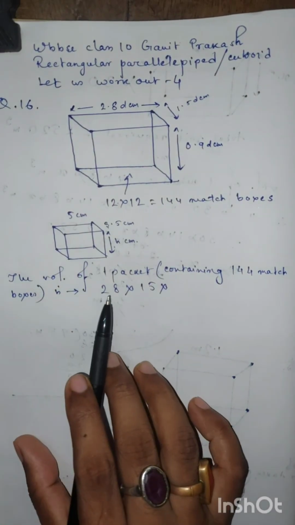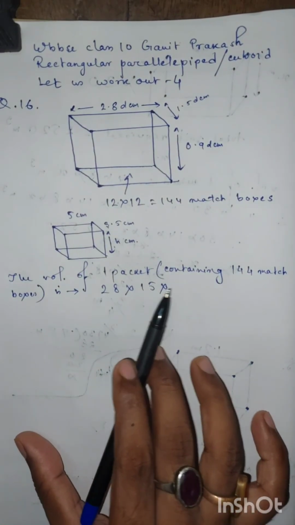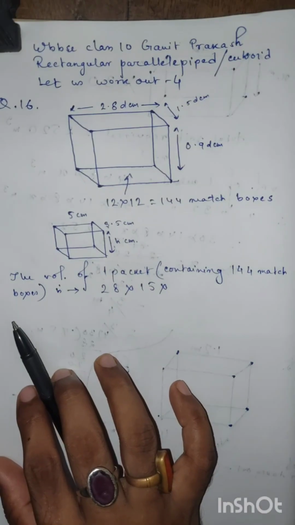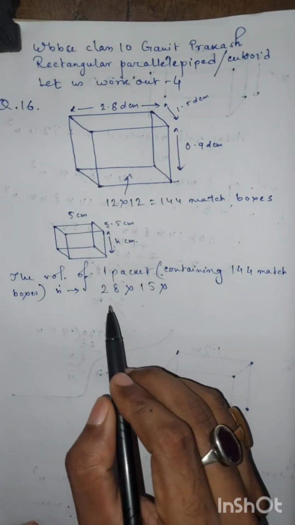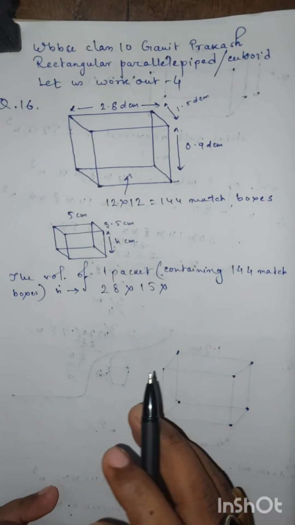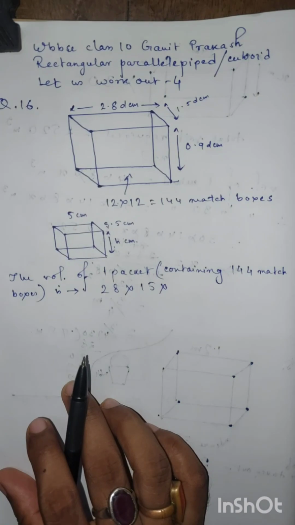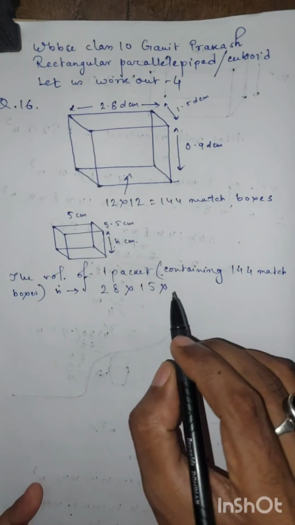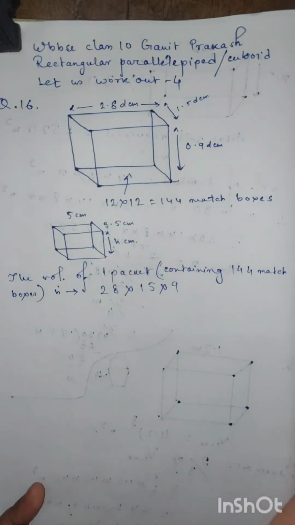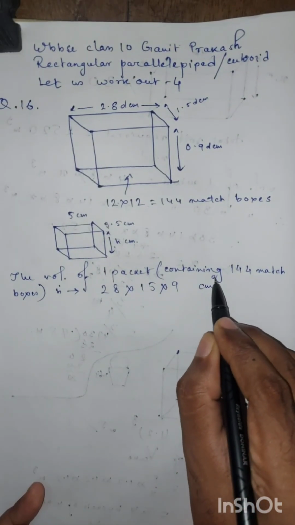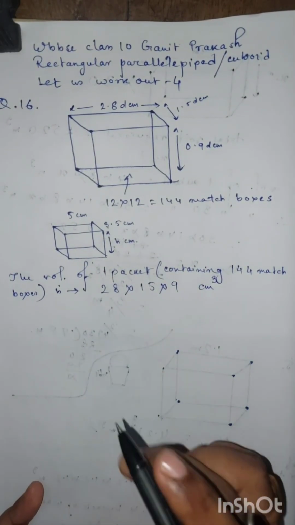Now, the volume of one packet, that means 144 boxes, is 28 into 15 into 9 when all the dimensions are converted into centimeter. So this is centimeter cube. This is the volume.